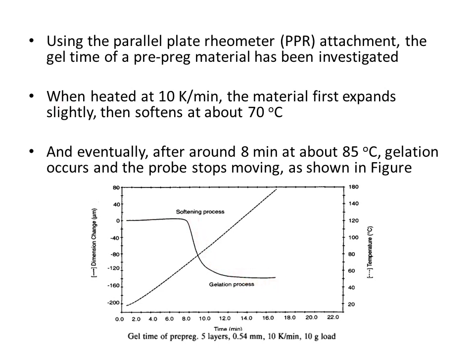When heated at the rate of 10 Kelvin per minute, the material first expands slightly, which is this part, and then it softens at about 70 degrees centigrade. Here the softening process starts, and eventually after around 8 minutes at about 85 degrees centigrade, gelation occurs.